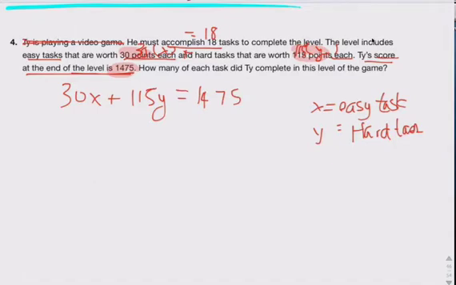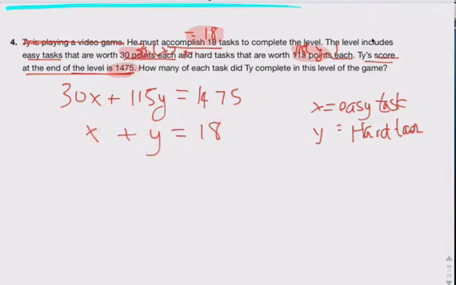How much did each task? Okay, so all the tasks he had was 18. So he had the easy tasks plus the hard tasks equal to 18 tasks altogether. This is just like nickels plus dimes equals 18 coins altogether.